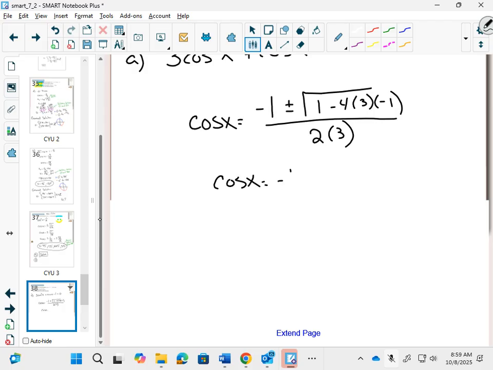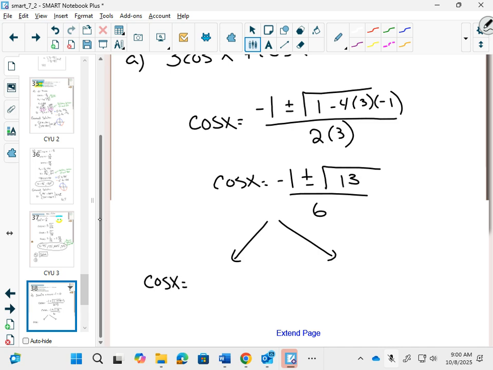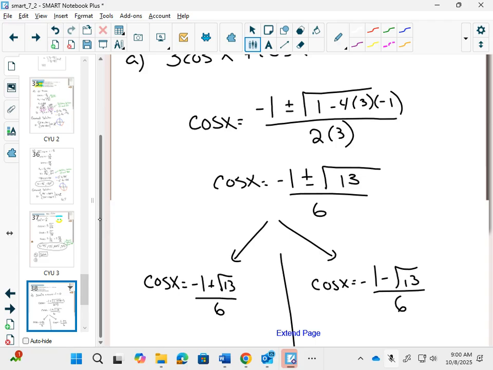Cos x equals negative 1 plus or minus the square root of 13 over 6, which splits us up. I'll do 1 with the plus sign and 1 with the minus sign.